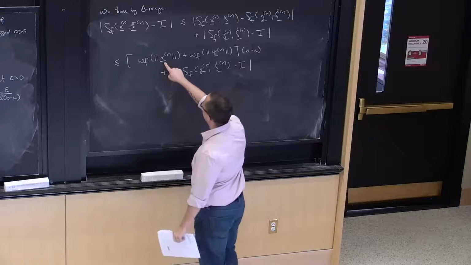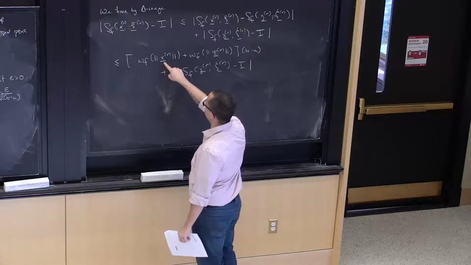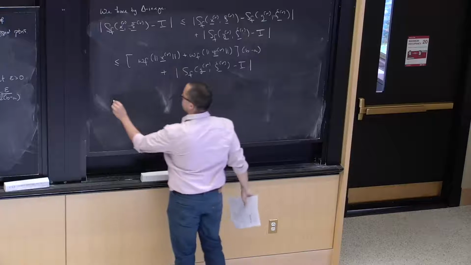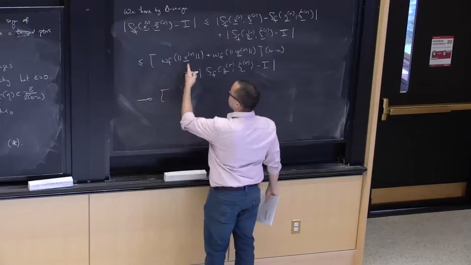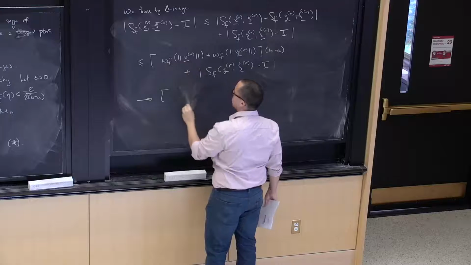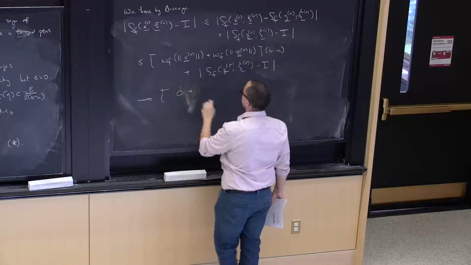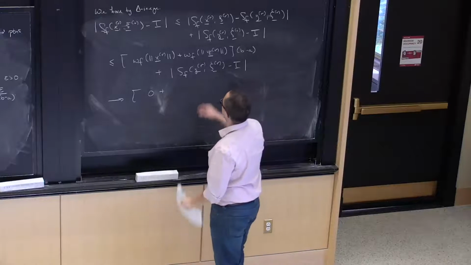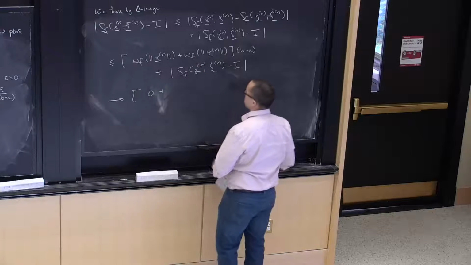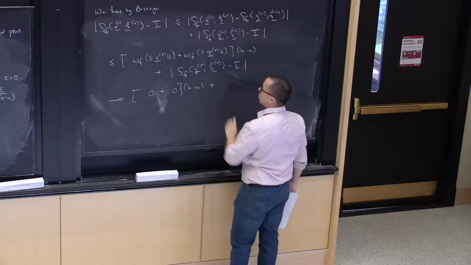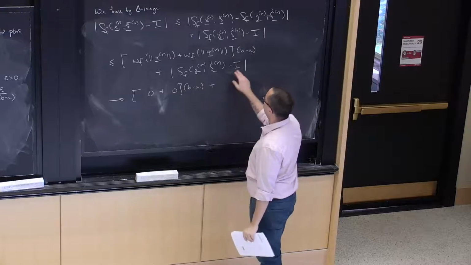Now, the norm of the x sub r is converging to 0, right? So since the modulus of continuity goes to 0 as the argument goes to 0, this goes to 0, plus, the same thing for this guy, this also converges to 0, plus, and how did we define I?